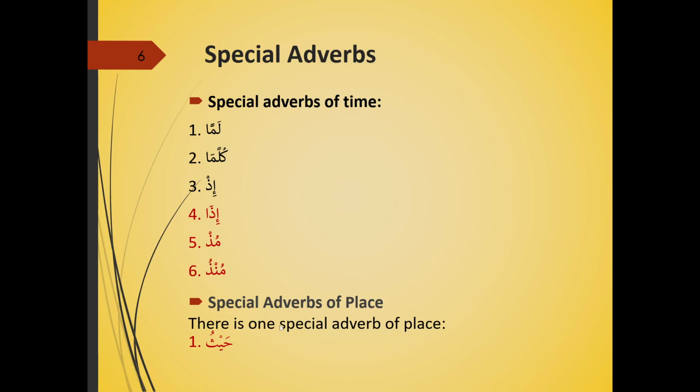So these are special zarfs, not to be confused with special mudafs, because special mudafs can be zarfs, and special mudafs are mudafs that do not need the of translation. We don't have to say of, because it will be like ba'da, qablu. These are all zarfs, special zarfs specifically.